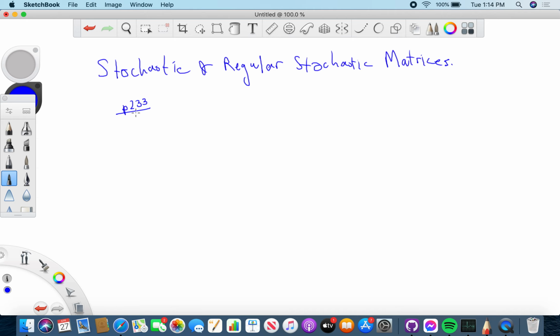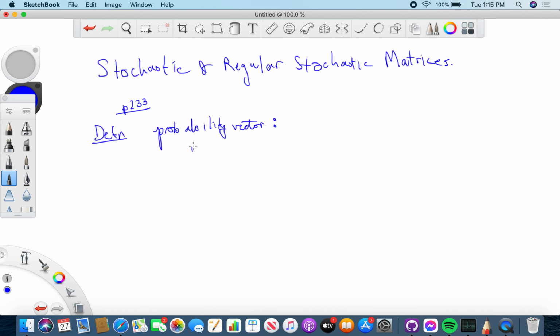First off, we're going to have to define a probability vector. A probability vector is a vector that is non-negative and sums to 1.